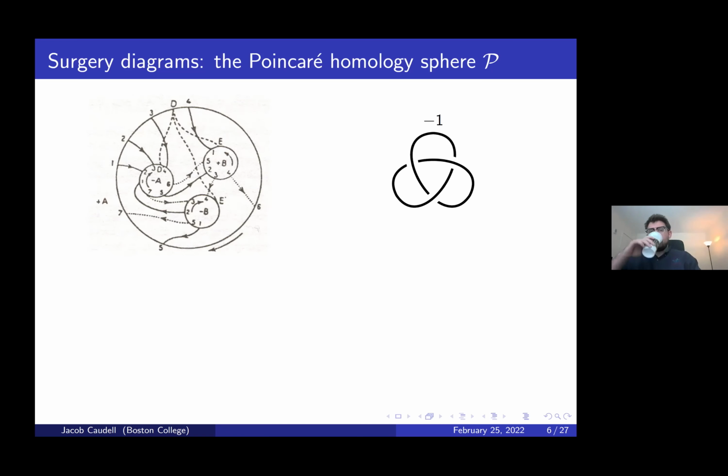You can see the decomposing spheres in this surgery diagram. And it's a connected sum of L(2,1), L(3,2), and L(5,4).